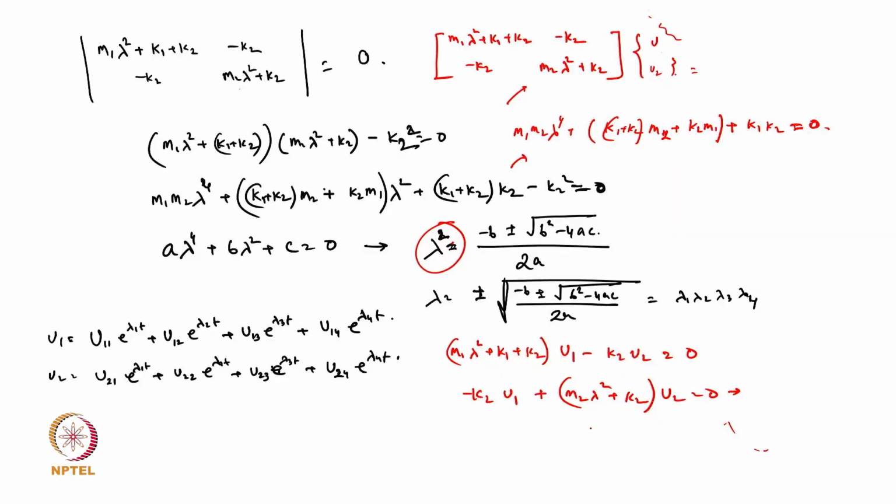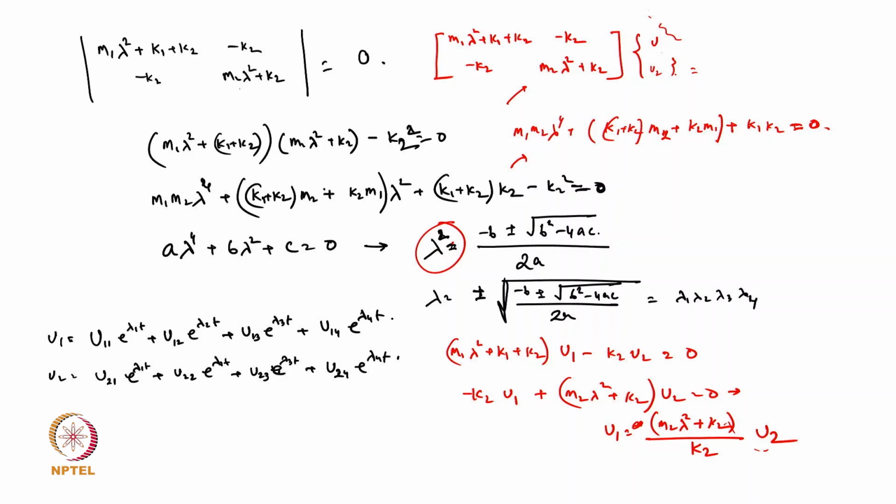How can we do that? We have two equations. Just take either of the equations, not a problem. If I choose the last equation, I can say u1 equals (m2 lambda square plus k2) with a minus sign, the minus sign is already there, divided by k2.